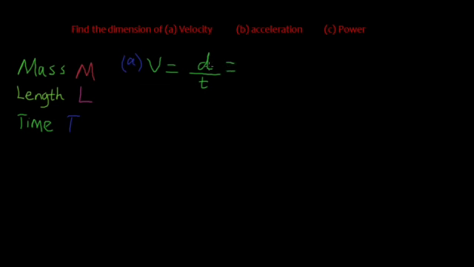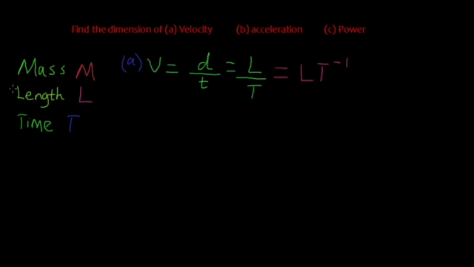Displacement and distance are used interchangeably in physics, and the dimension corresponds to length, and that is capital L, over dimension for time, capital T. Using laws of indices, it's the same thing as saying L T raised to power minus 1. So the dimension for velocity is equal to L T raised to power minus 1.